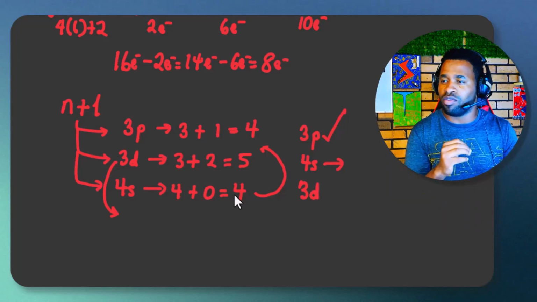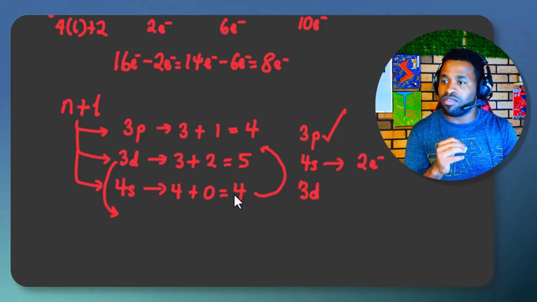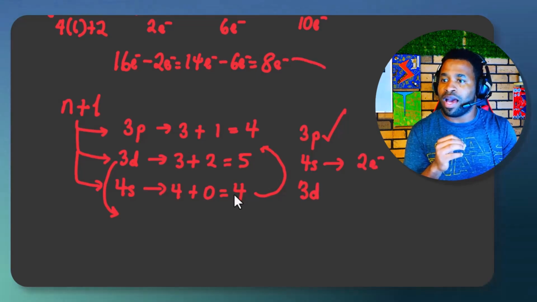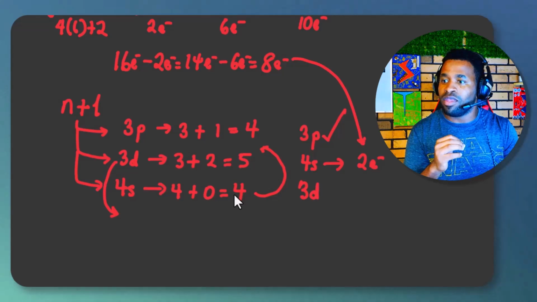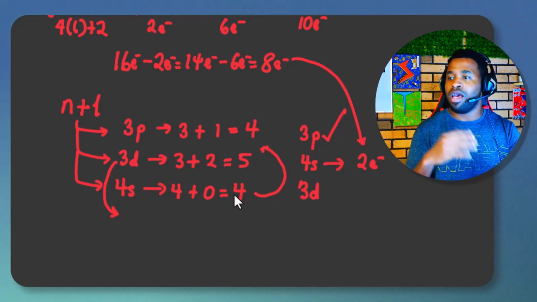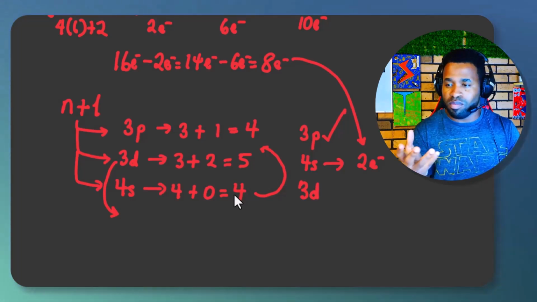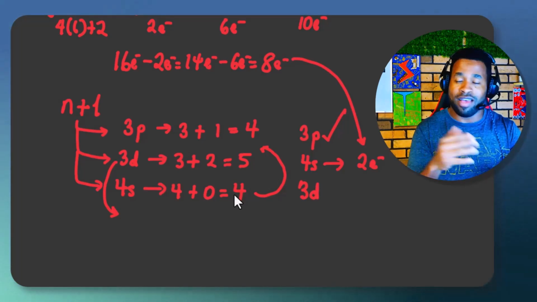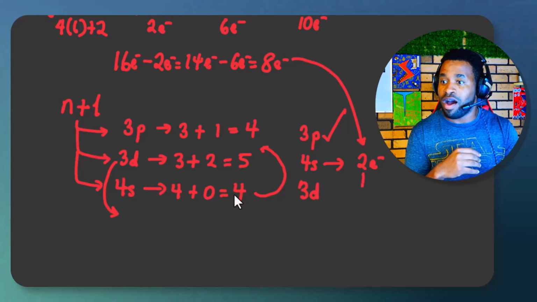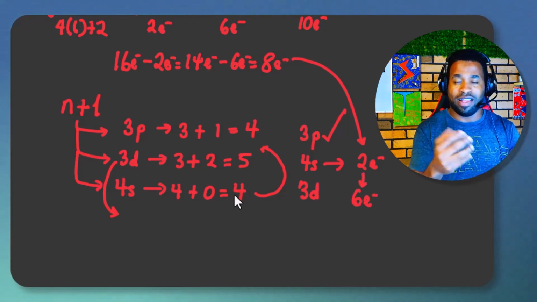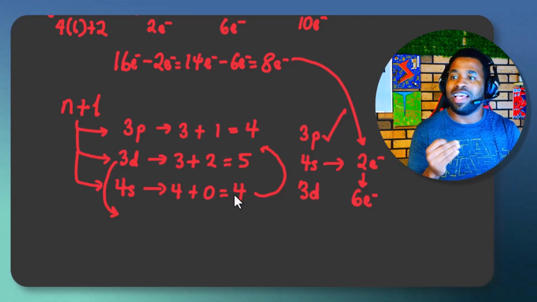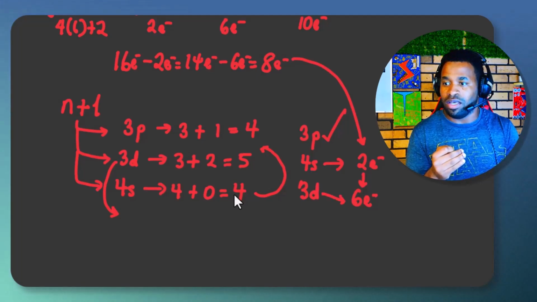That means we're going to apply our 8 electrons that we have left, and when we put 2 electrons into the 4s, we are left with 6 electrons, and those 6 electrons that are left will then be placed in the 3d orbital.